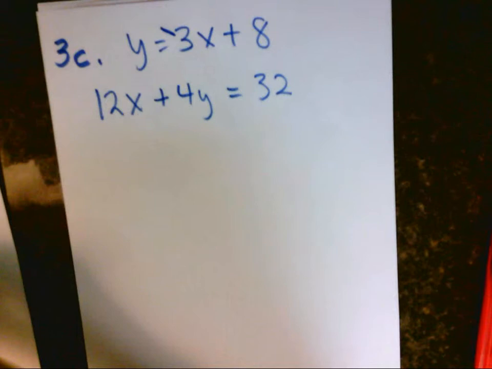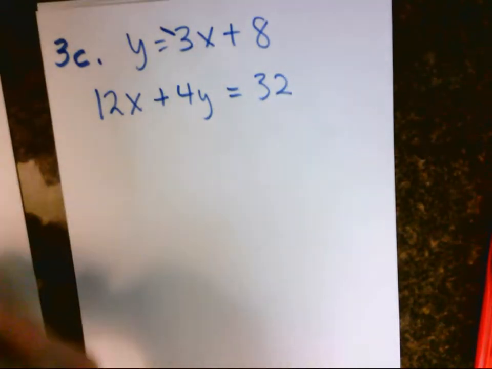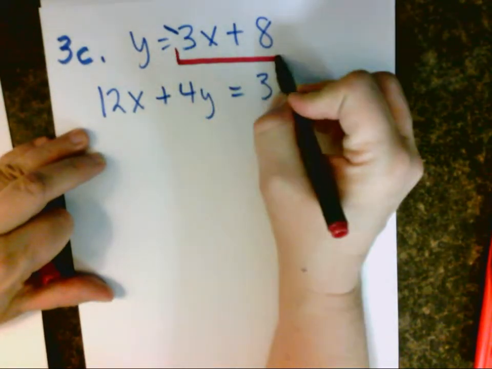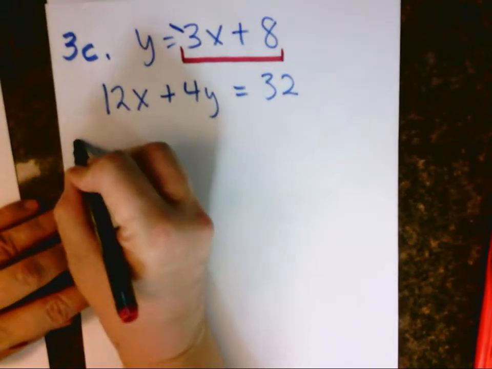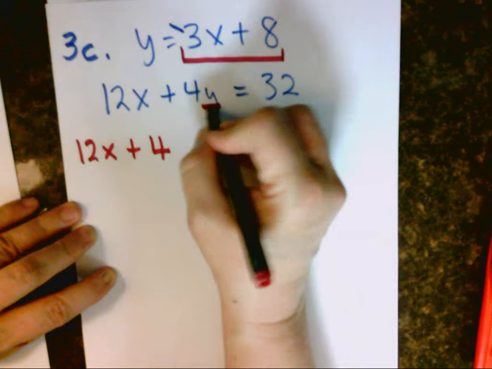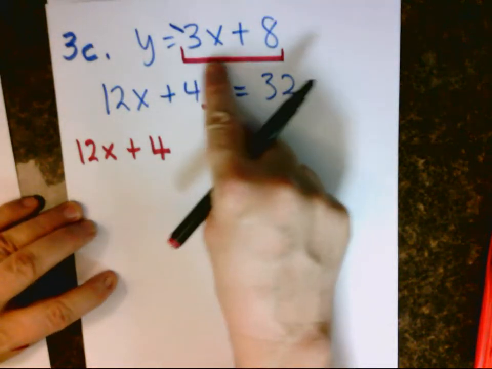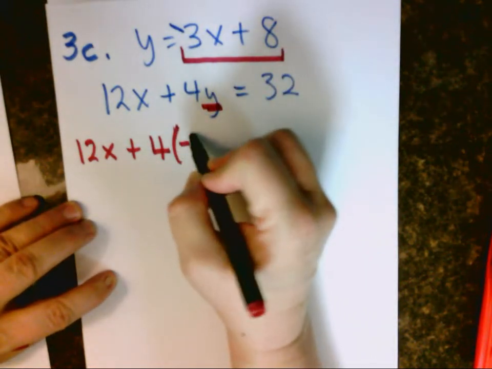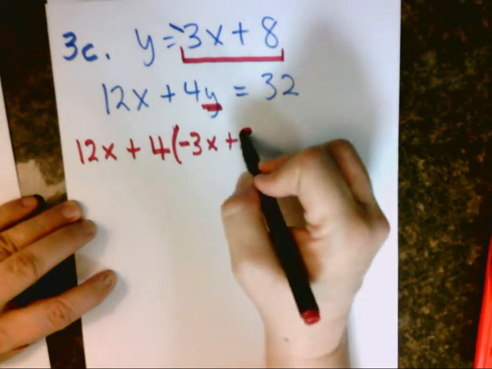So the good news is that the first equation is already solved for y. So I can take y and replace it with this. So I'm going to go to the second equation, 12x plus 4, there's the y. And I'm going to change the y to this, negative 3x plus 8.